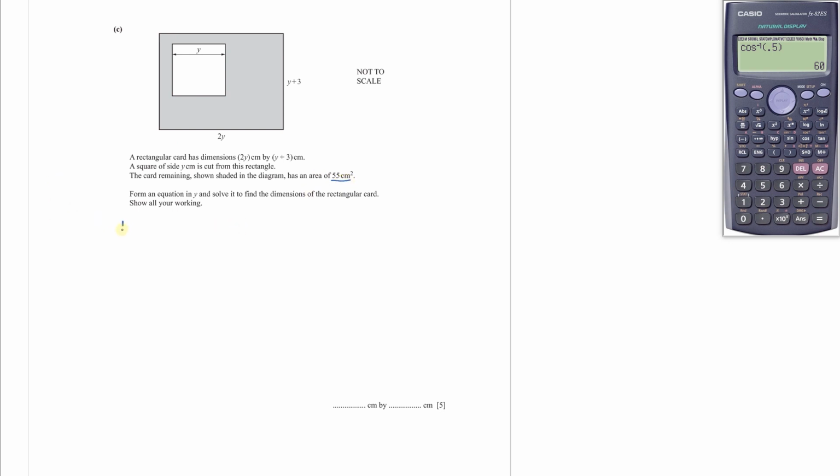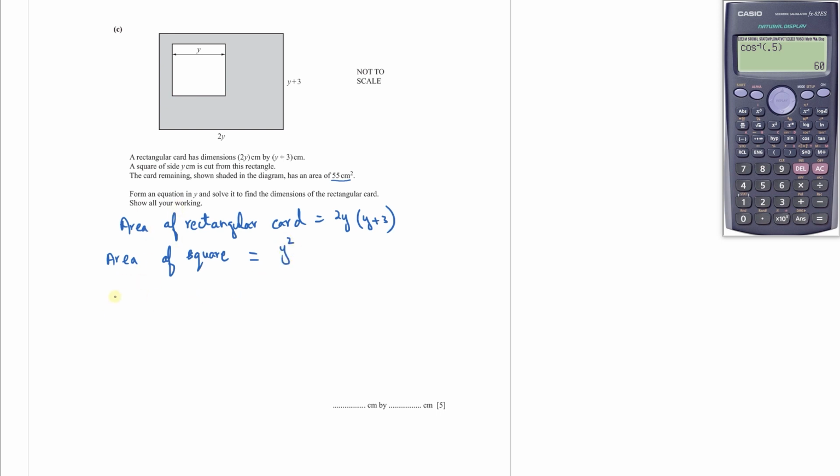So let's first find area of rectangular card. Rectangular card will be simply the length multiplied by the width. So this is 2y into y plus 3, and then area of square equals to y times y, which is y square.